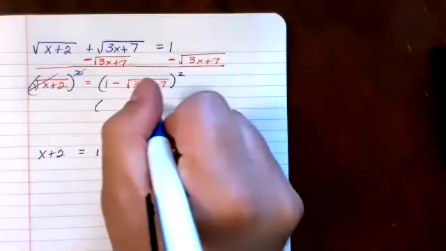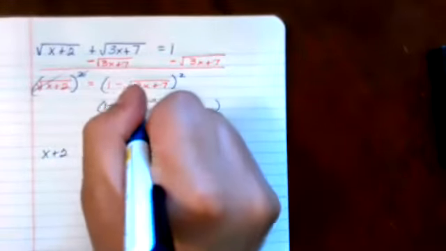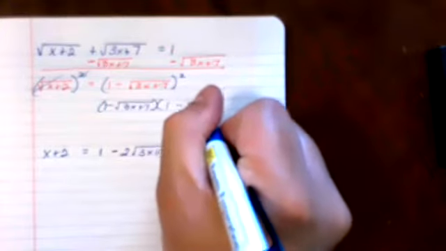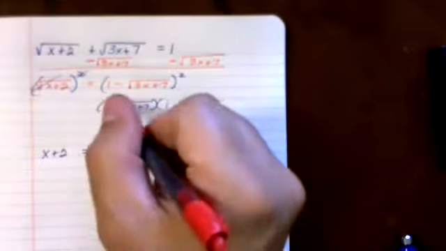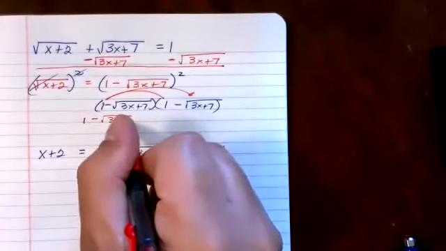So I did that kind of fast. I'll show it to you in slow motion a little bit. If we have 1 minus radical 3x plus 7 times 1 minus radical 3x plus 7, if you were to FOIL this problem, you'd see I would have 1 times 1 is 1, and 1 times negative radical 3x plus 7.